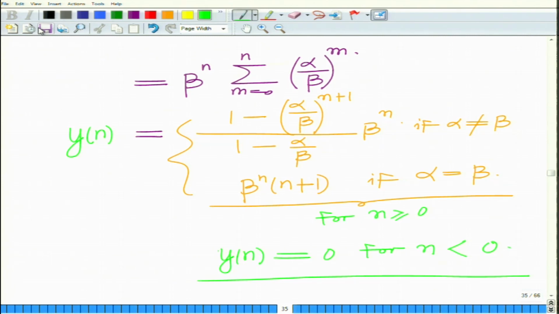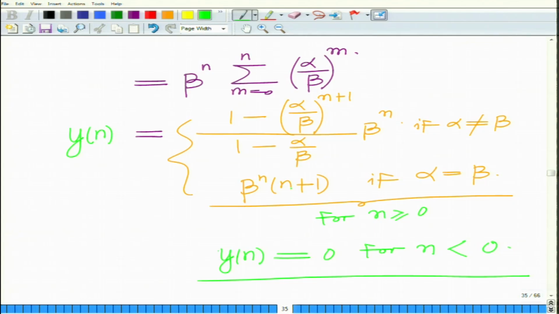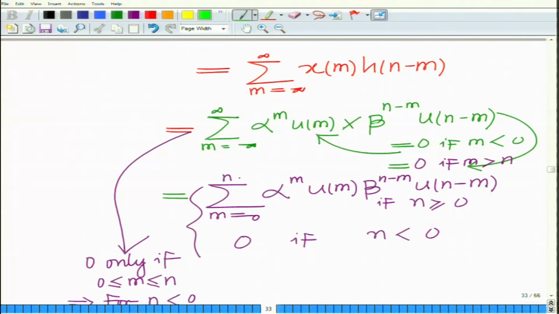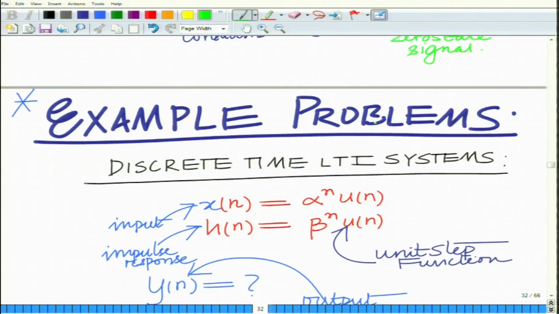We have seen that y[n] is 0 if n is less than 0, and for n greater than or equal to 0, the resulting output depends on whether alpha equals beta or not. If alpha equals beta, it is beta to the power of n times n plus 1. If alpha does not equal beta, it is 1 minus alpha over beta raised to the power of n plus 1, over 1 minus alpha over beta, times beta to the power of n. Okay. So, this is one of the examples.